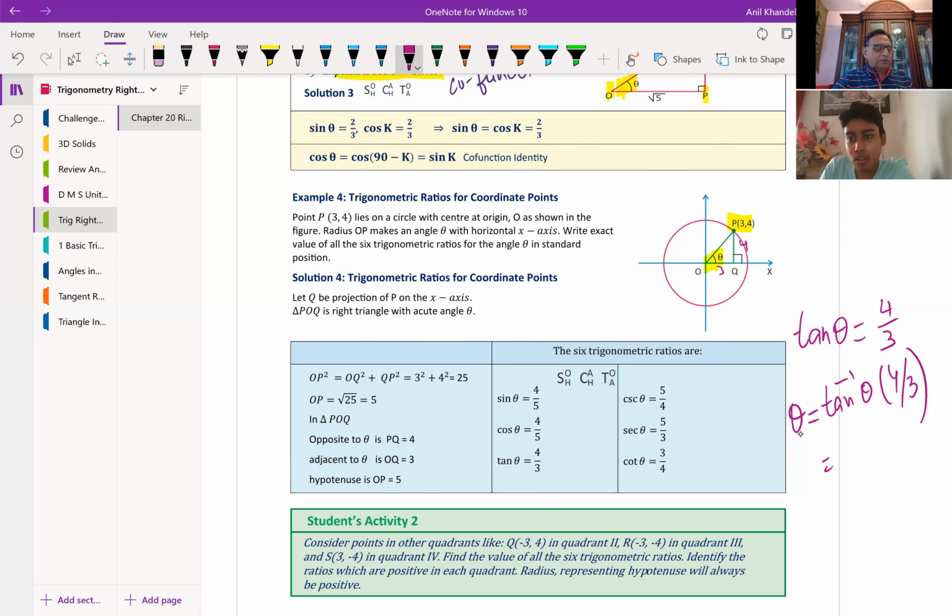Okay, so let me also check tan inverse of 4 divided by 3 gives us, oh, my calculator is in radian mode. Okay, let me just change it to degrees. So we have shift tan inverse of 4 divided by 3. 53.1, that is correct. Correct. So you can find the angle.